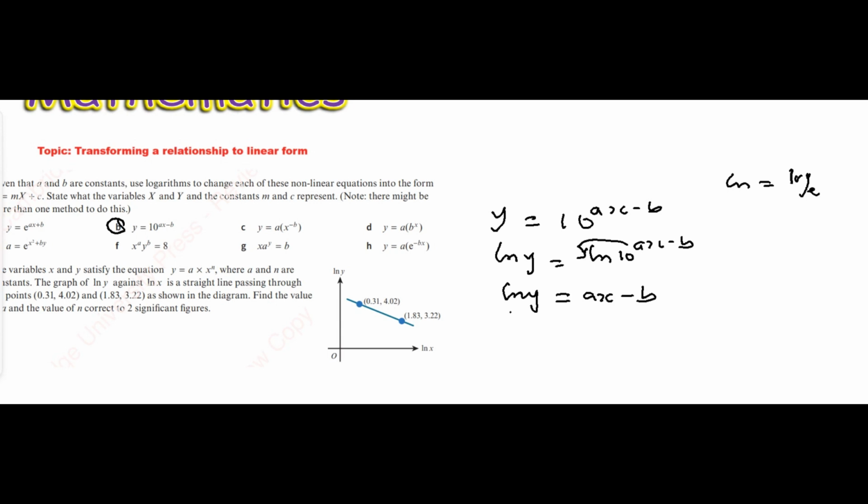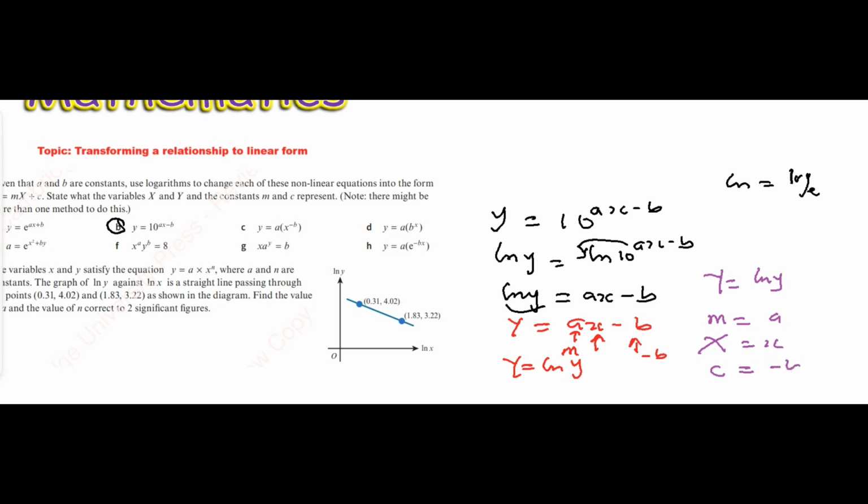I can say let my ln y be capital letter Y. If ln y is capital Y, then I have ax minus b. Here, my capital Y is ln y, and x still remains x, my gradient is a, and my constant, that is the intercept, is minus b.